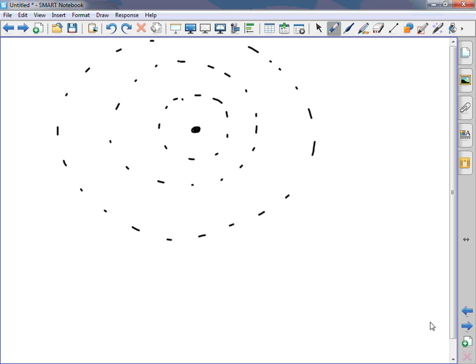Per unit time. So whenever I'm coming at it, and the waves are coming at me, what is the net speed, the apparent speed? Well, it's a lot greater.